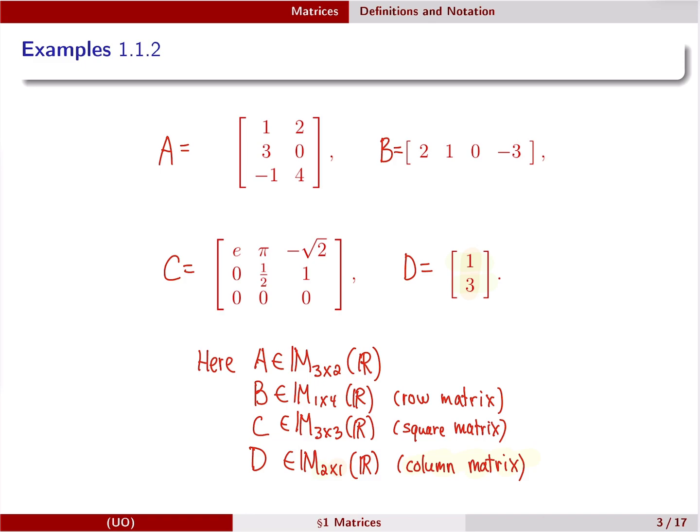Our last example is matrix D. Matrix D is an example of a column matrix because there's only one column. If you count the number of rows in that column matrix, we have 1, 2 rows. So this matrix is a 2 by 1. And again, this matrix is an example of a column matrix.